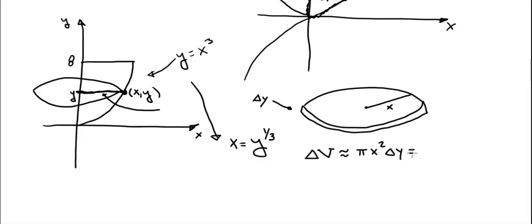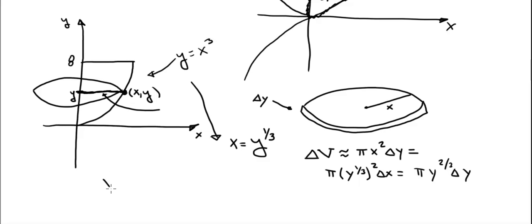Expressing this as a function of y, pi times y to the 1/3, and then we square it, times delta y. So this is equal to pi times y to the 2/3 times delta y.